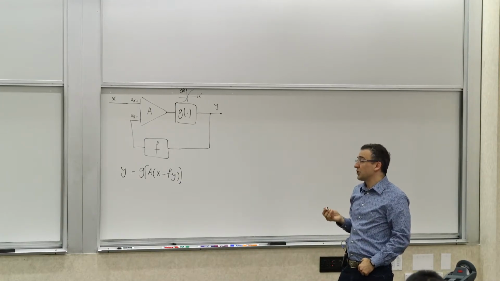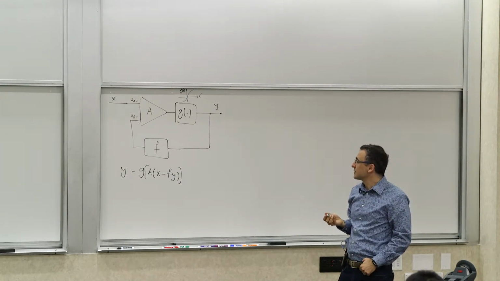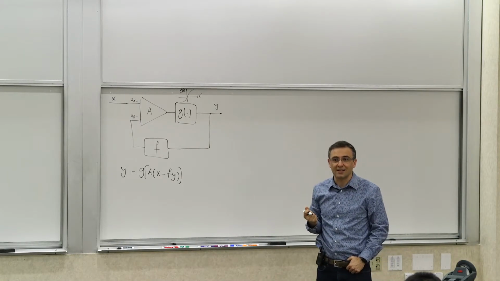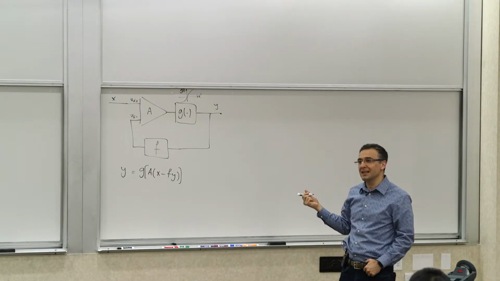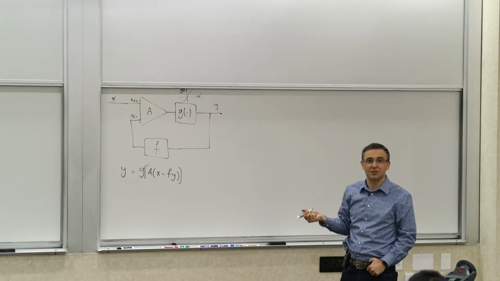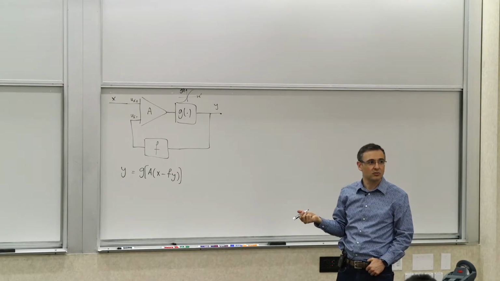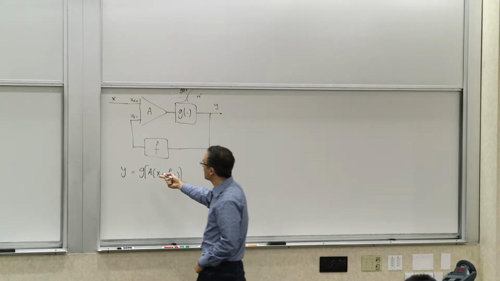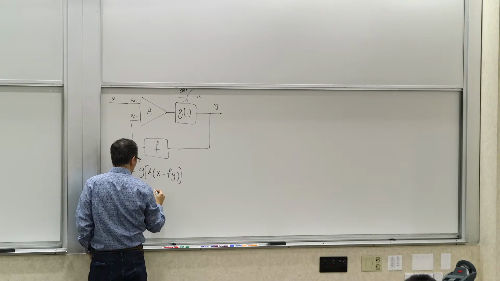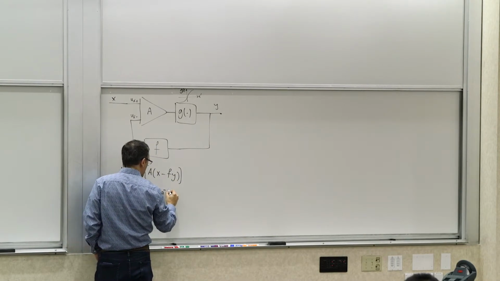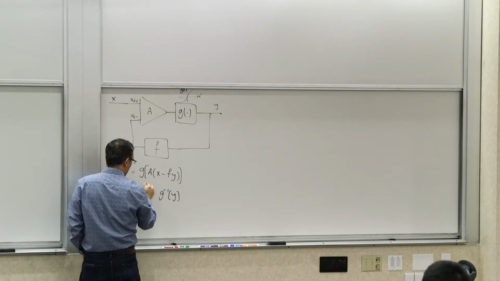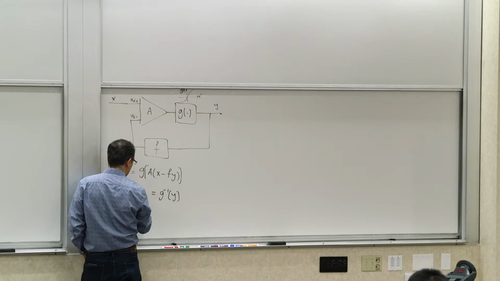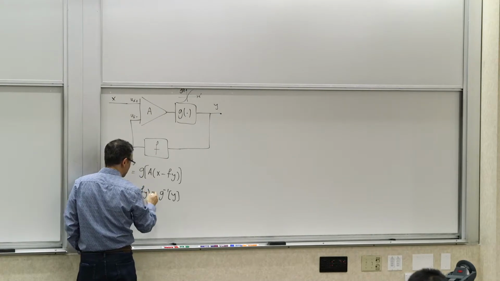What we are trying to find is to solve for y in terms of x in general, which, as you can see, is hard. But there's something that's a little bit easier, which is solving for x in terms of y. So let's try to do that. If we apply the inverse function g minus 1 to both sides, we'll get g minus 1 of y equals A times (x minus fy).